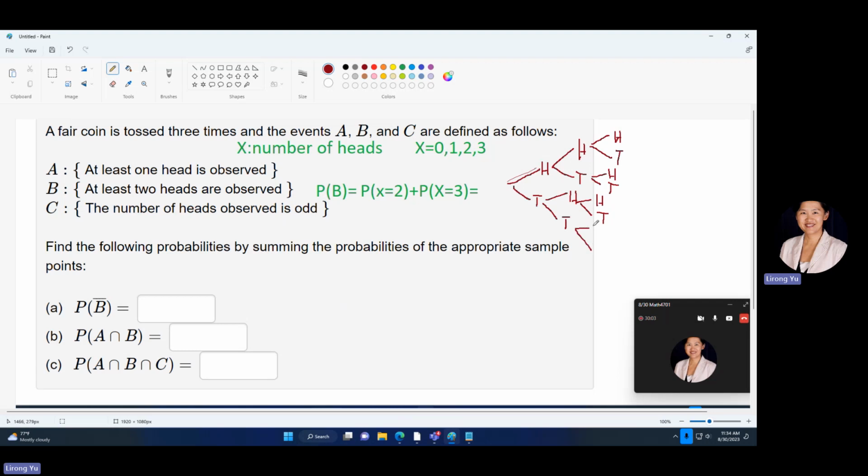Following each path, we can see what it is. The first one is all heads. The second one is head, head, tail. And the third one is head, tail, head.